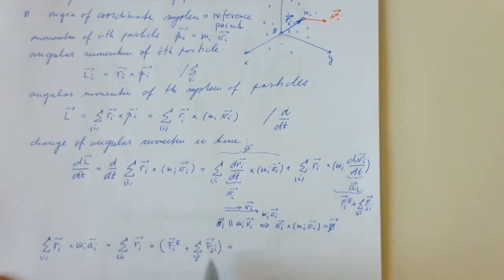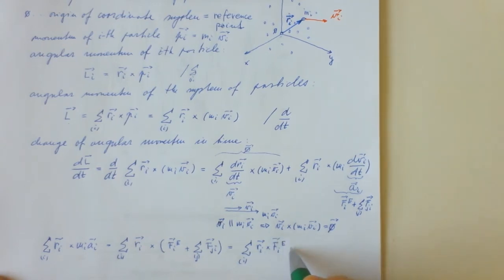So we can multiply it, so it is the sum of Ri cross Fi plus the sum of Ri cross the sum of Fji.